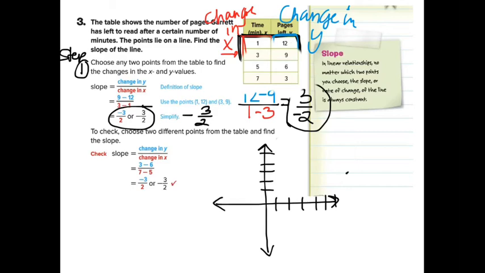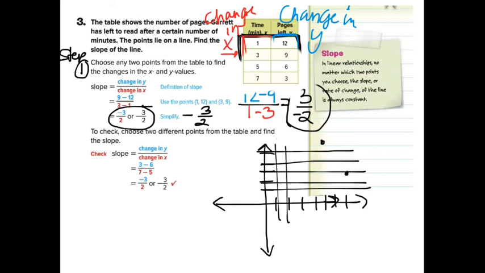Right about there would be 7, 3, if I extended this out. Let's say that's 7, 3 and 5, 6, right about there. If this was a grid, bear with me.